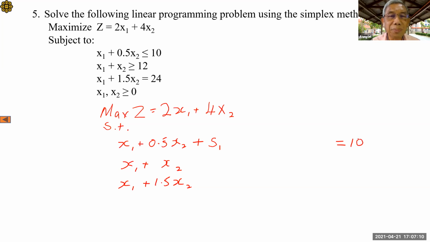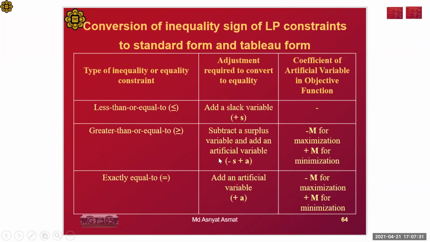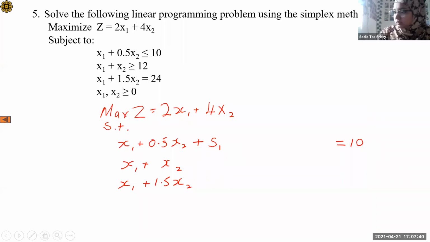The second one? Plus S2. Okay, let's review. Let's look back. Can you see something? Greater or equal to. What do we do? Minus surplus, and add artificial.